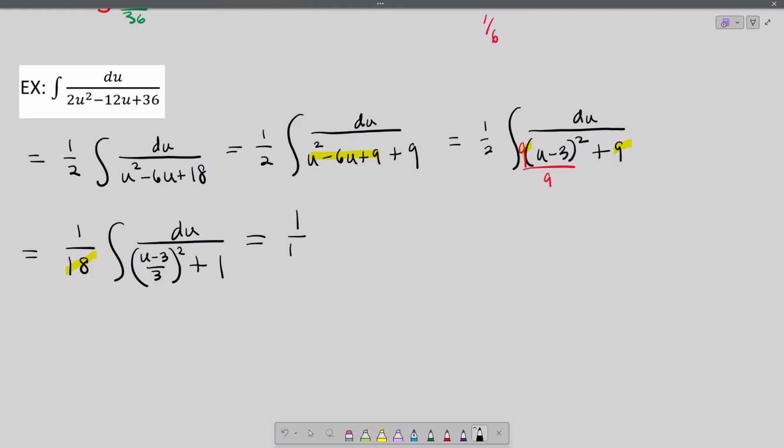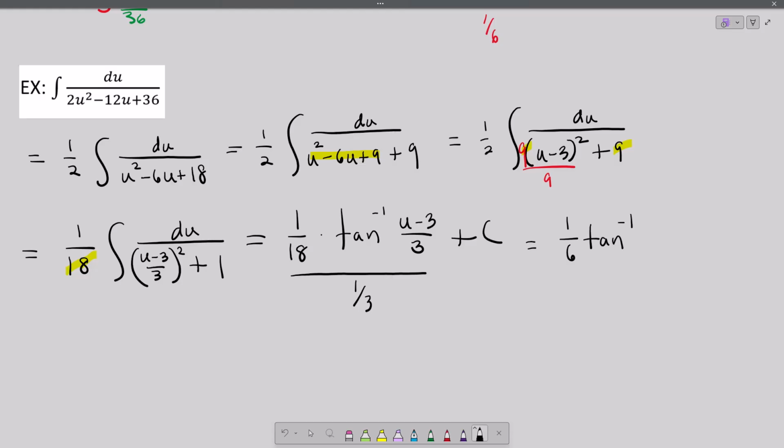This will be 1/18 inverse tangent of whatever's in the parentheses plus c, but then we have to divide by 1/3. The derivative of this quantity in parentheses is 1/3, so we divide by 1/3. Multiply by 3 gives us 1/6 arctangent of u minus 3 over 3 plus c.